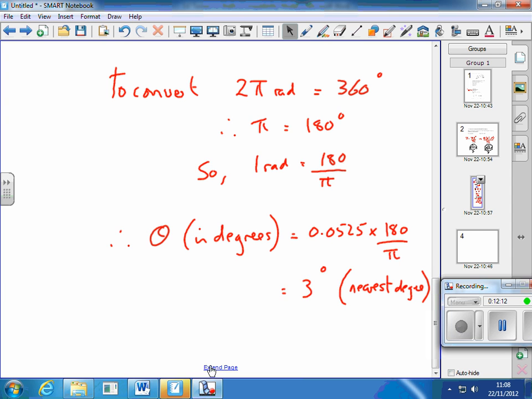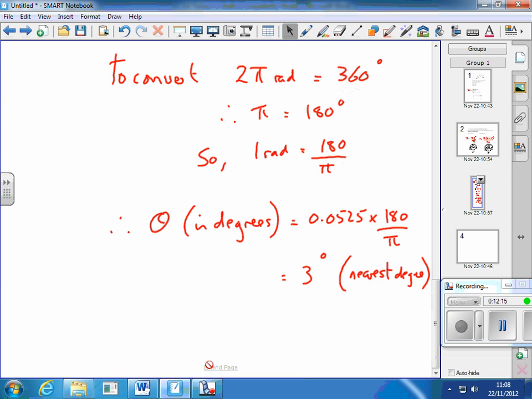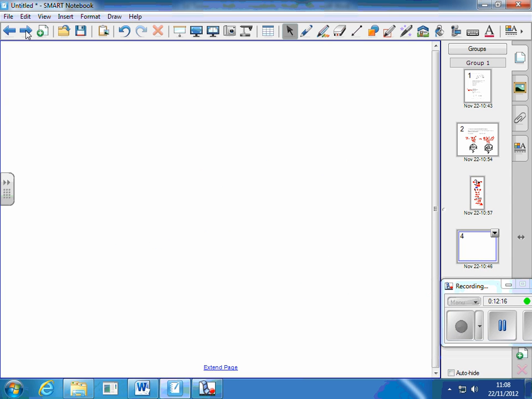So it's worth just finishing off by noting this conversion factor. The conversion factor for radians to degrees and back again is worth remembering.